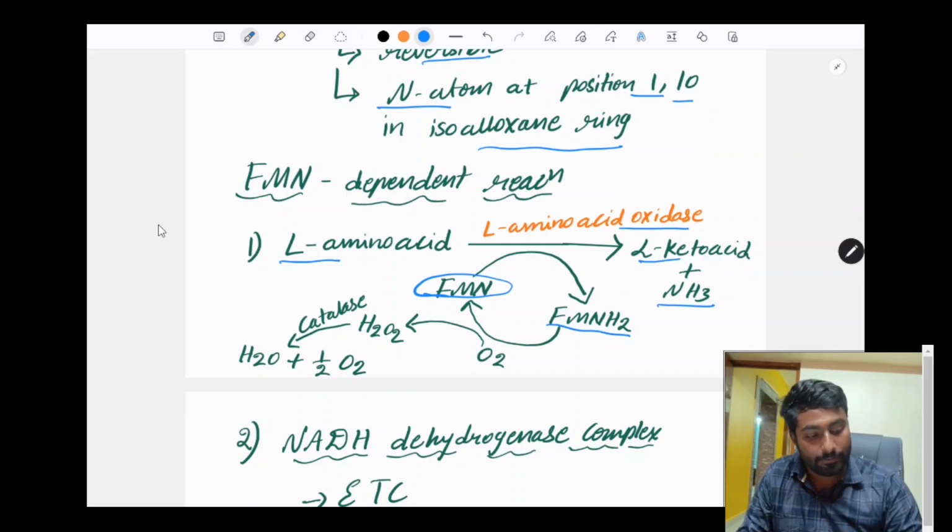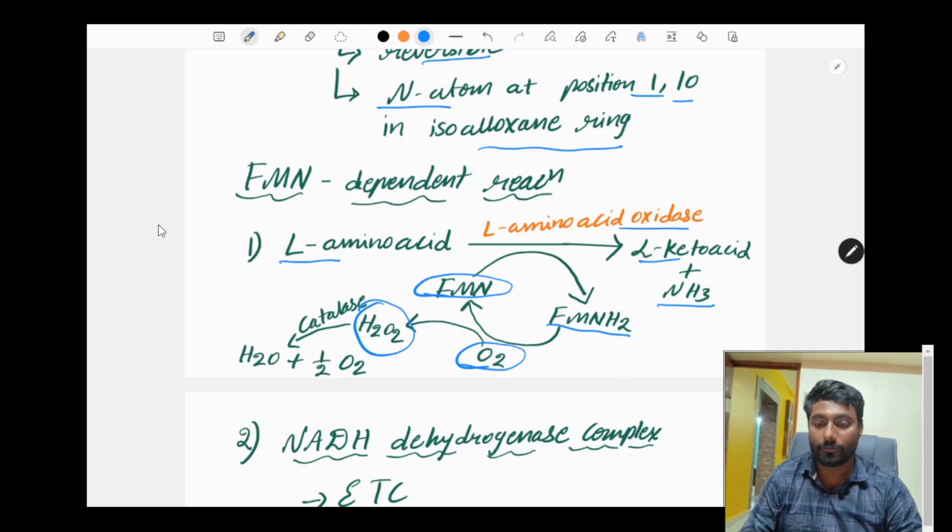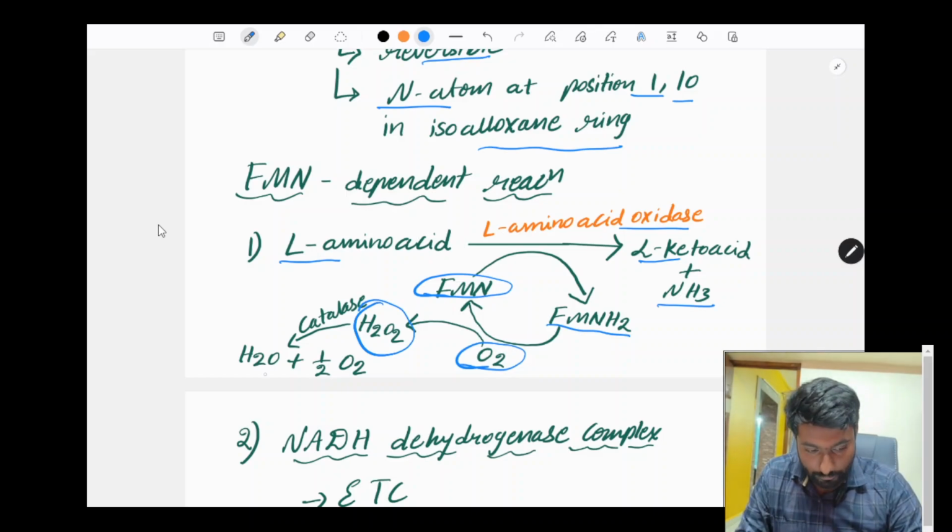Later, this hydrogen is taken up by oxygen so that our FMN will be replenished, and it is converted into H2O2, which is broken down with the help of catalase into H2O and half O2.